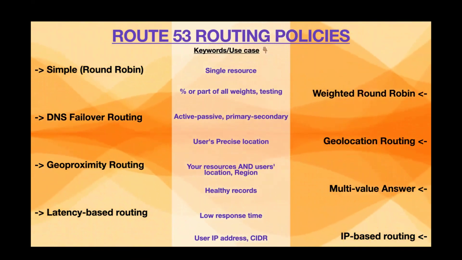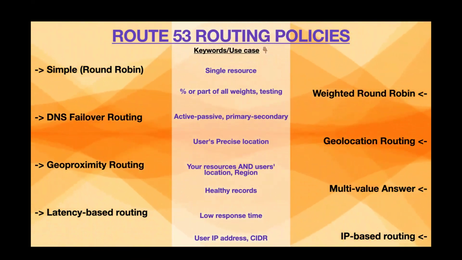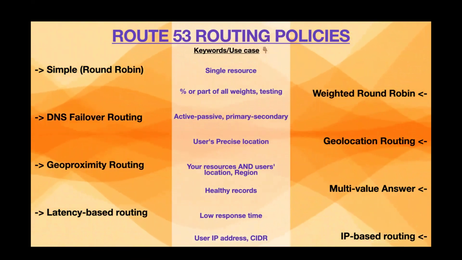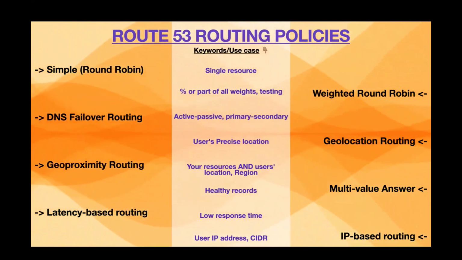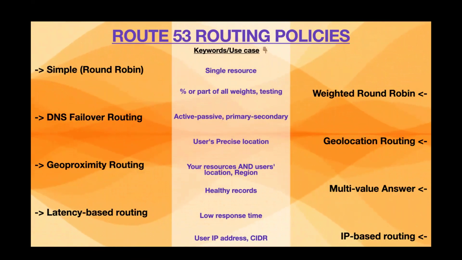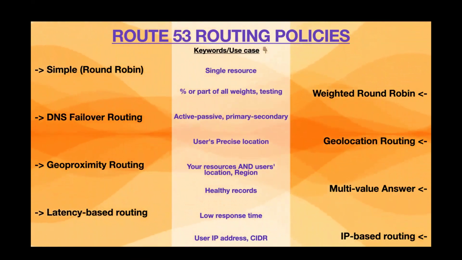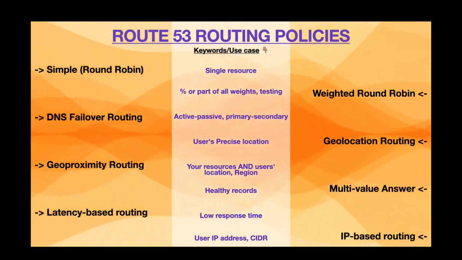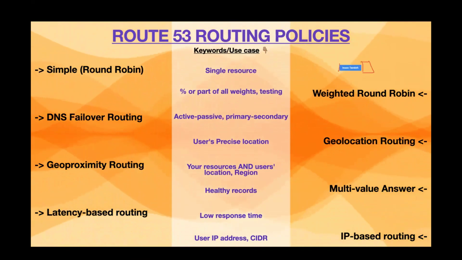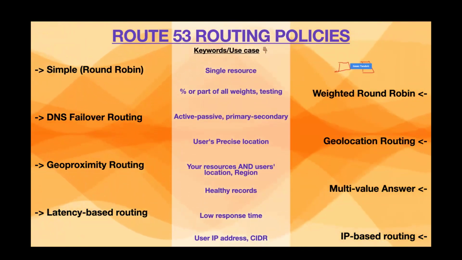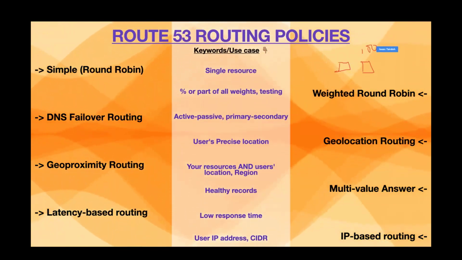The weighted is just weight. So as I said, the number is not up to 100. I think it's 255 or something. You mentioned it, yes, 255, right? So it's not about percentage, but you are just saying, okay, take this chunk or this amount of load. So if you have two servers, and you identify that, okay, send 100, it doesn't mean send 100% of the load.